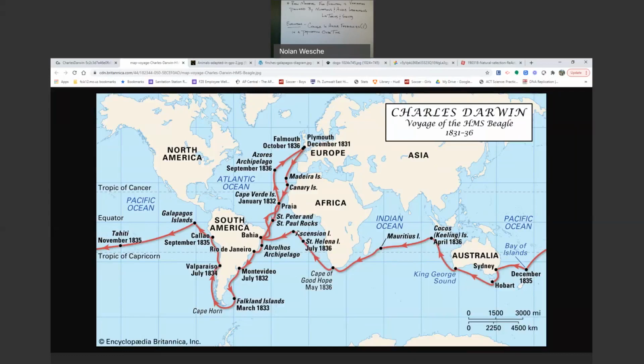What he's seeing is that organisms from the New World over here in the Americas and the Old World over here in Europe, Asia, Australia, there is a uniqueness to it where animals have similar traits despite vast distances and separation by oceans.